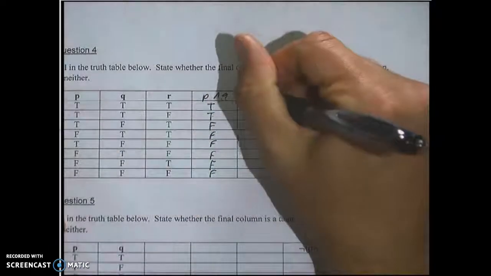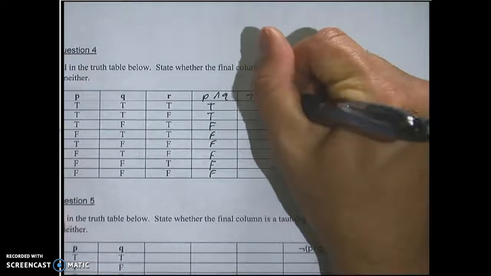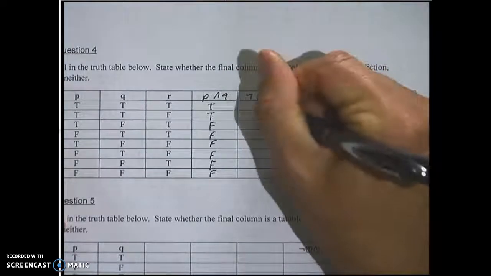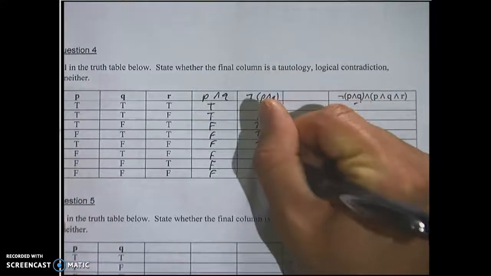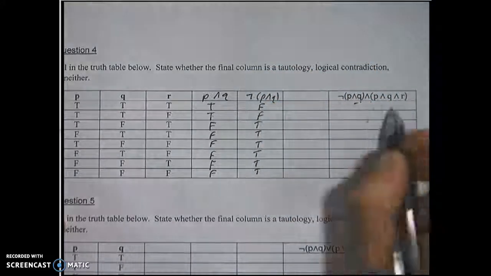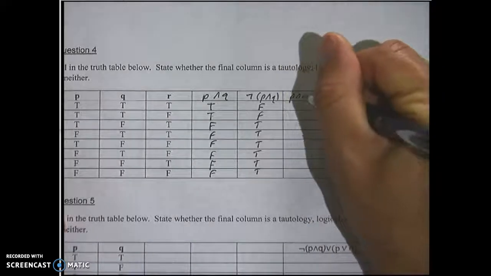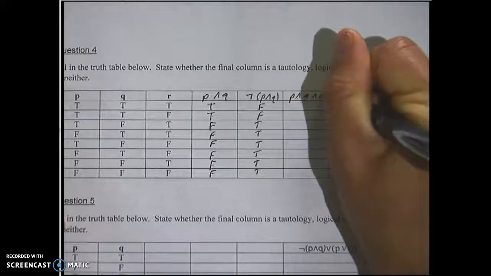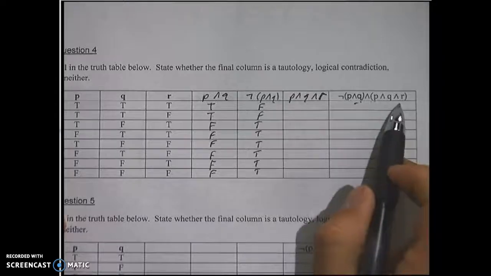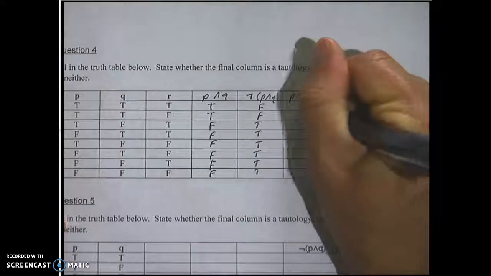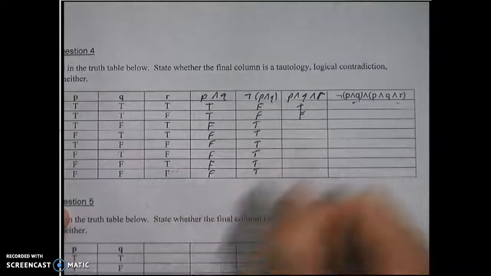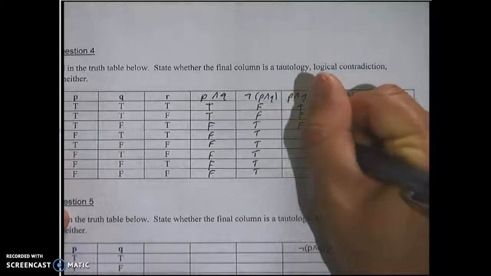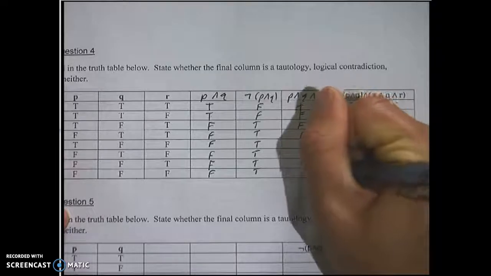And then I want the negation of that, which is going to make this false, false, and then all true. And then I've got this P and Q and R thing, which is only true when all three of them are true. So that's going to be true followed by a whole bunch of falses. True, false, false, false, false, false, false, false.